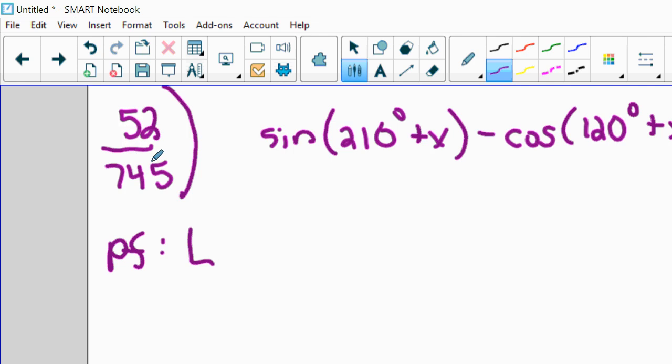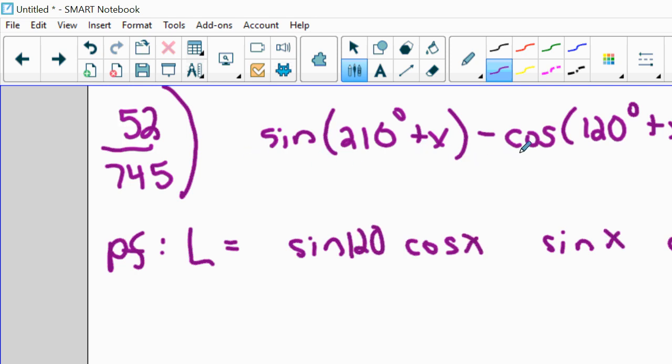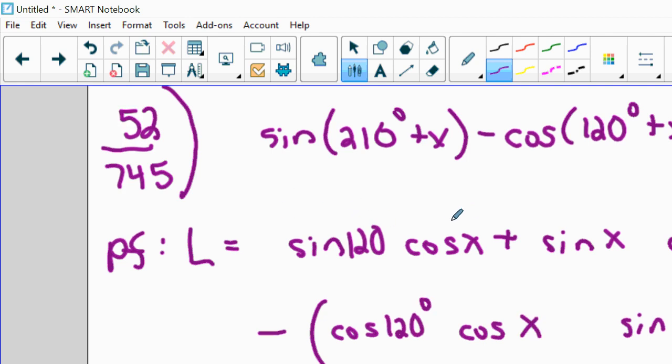So you go sin, cos, 120, x, 120, plus is plus. Take away cos, which is cos, sin, 120, x, 120, and the plus is a minus.